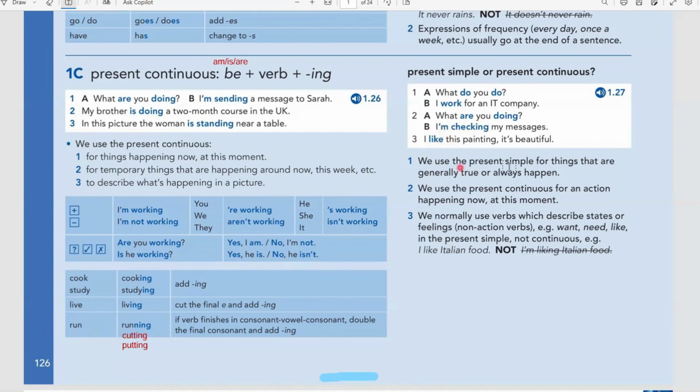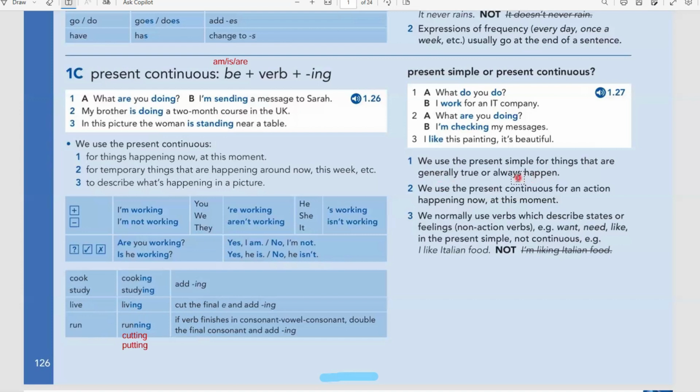So we use present simple for things that are generally true or always happen. Generally true. The earth rotates around the sun. All babies cry. If you heat water to 100 degrees, it boils, not it will boil, it boils. Present simple. Always true.